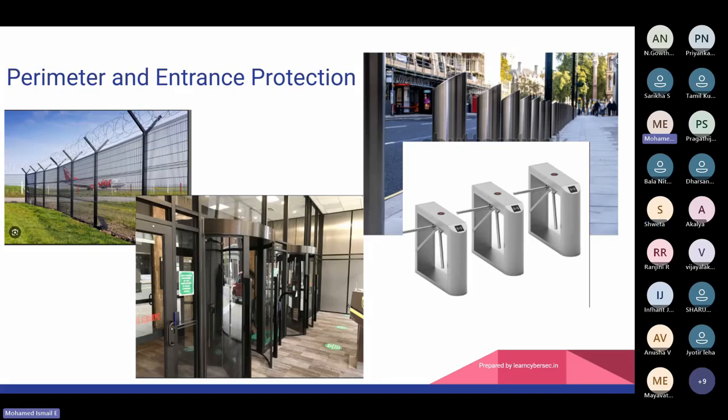Then on the right side, you might have seen this silver pillar kind of thing, right? This is called a bollard. This bollard can be made of hard material like concrete or pillars to protect from vehicle accidents. If your company is located roadside, you have a threat. If someone drives a car fast or drives a truck very fast towards your company or office premises, they can damage your systems or people, right?